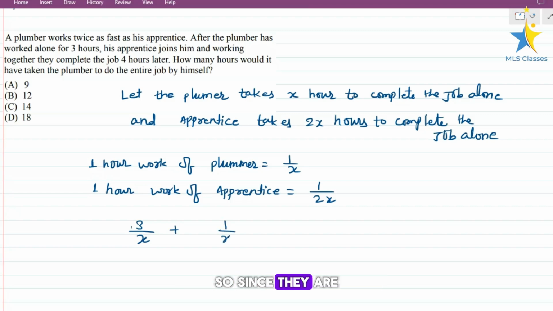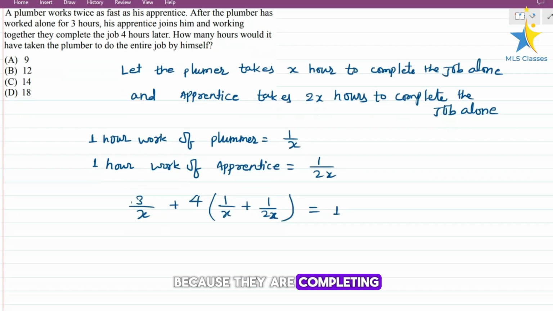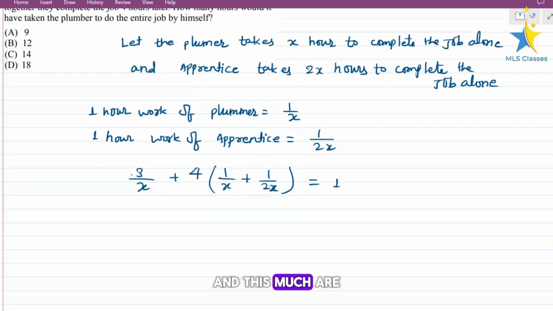Since they are working together, it's 1 over x plus 1 over 2x. That is their collective 1 hour work, and they complete the job in 4 hours. And that should be equal to 1, because they are completing one complete job. So we can write this as 3 over x plus 4 over x plus 2 over x equal to 1.